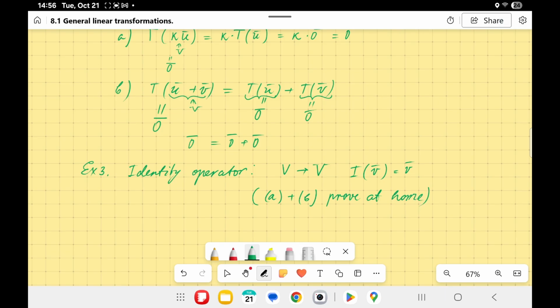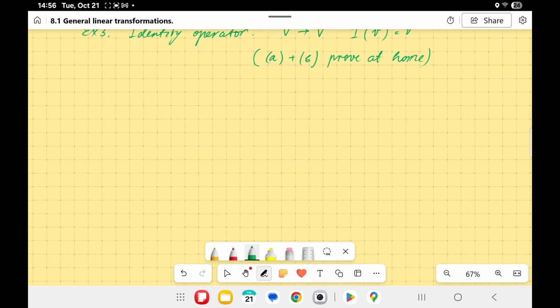Okay, so what else do we need to know? Well, we're going to move to our next theorem. It's going to be theorem 2. Let T from space V to W be a linear transformation.